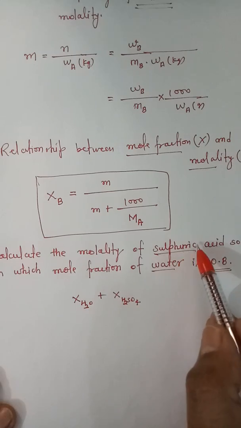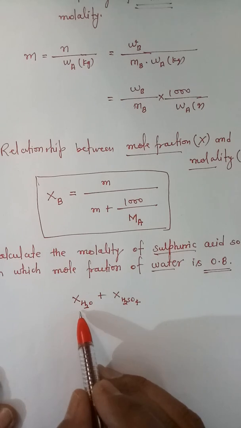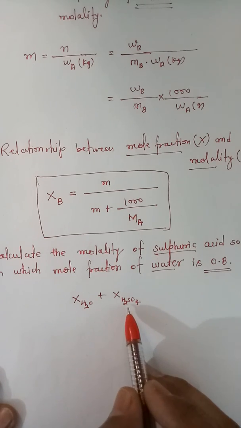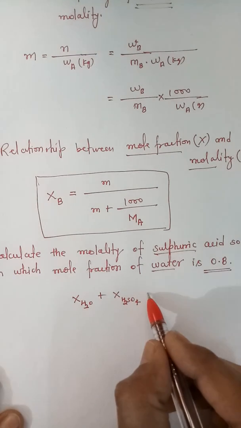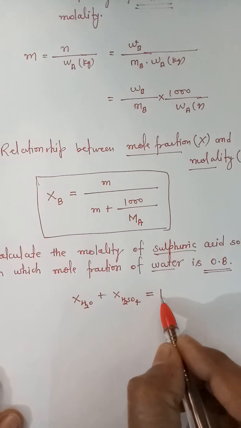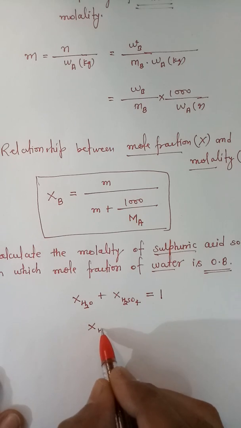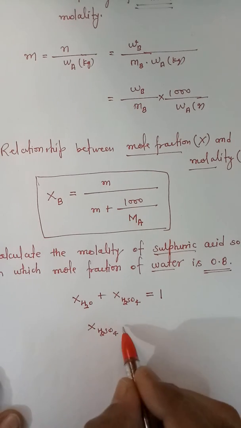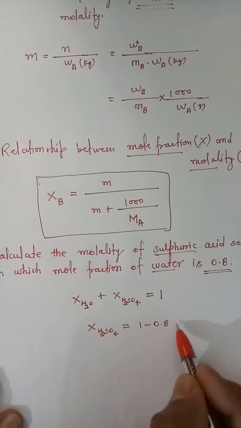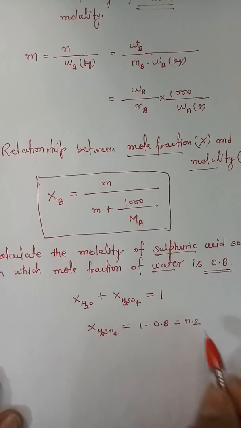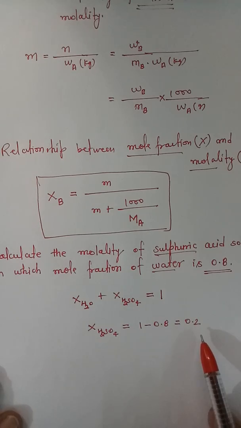Here sulfuric acid is solute and water is solvent. The mole fraction of water plus mole fraction of H2SO4 equals 1, and here we have the mole fraction of water 0.8. So mole fraction of sulfuric acid equals 1 minus 0.8, which is equal to 0.2. We have the mole fraction of solute, which is equal to 0.2.